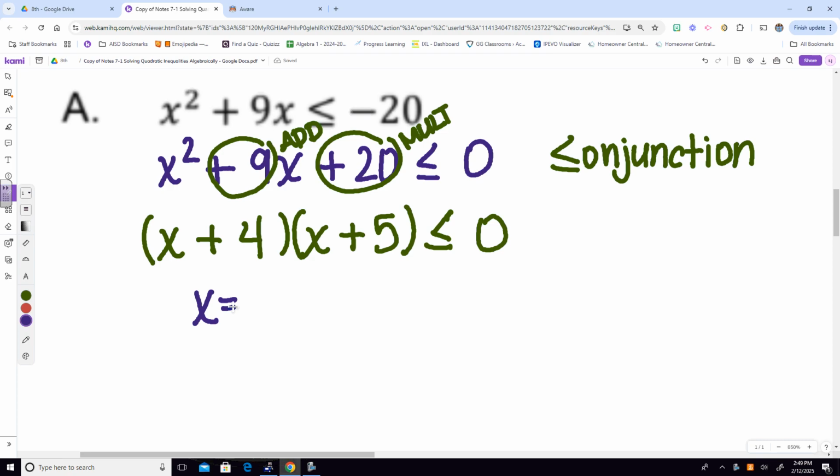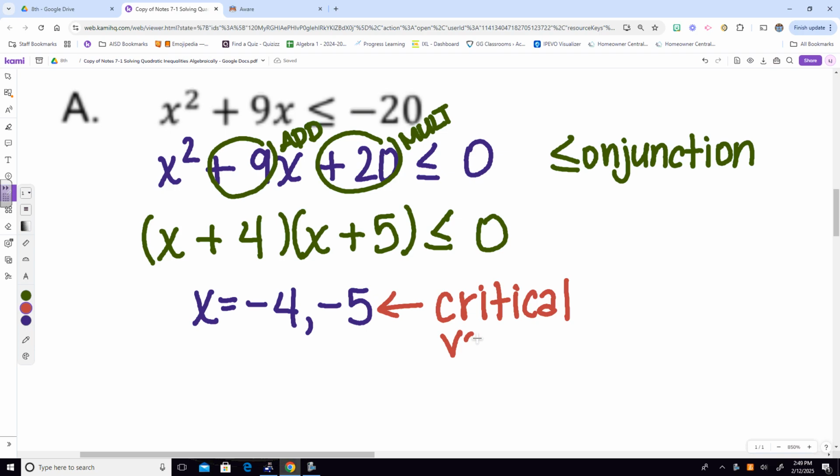So if it's an x plus 4, what's the value for that one? -4. If it's x plus 5, what's the value for that one? -5. These are called my critical values. Critical points, critical values, either way. Guys good?